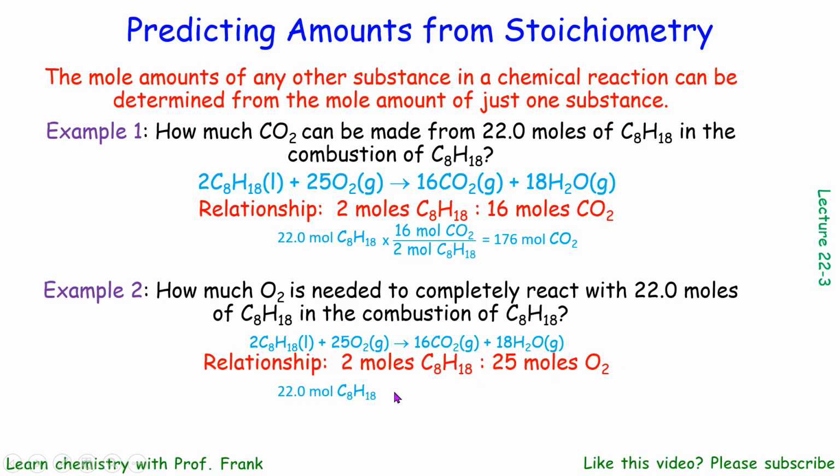Again, we are converting from moles of octane to moles of oxygen. So you use the coefficients from the balanced chemical equation to come up with this conversion factor. That's 275 moles of oxygen, which means you need 275 moles of oxygen to completely react with 22 moles of octane.